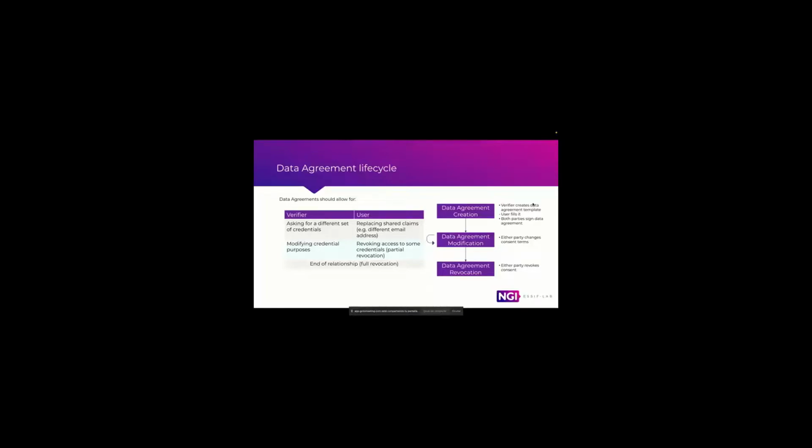If the verifier requests the data in order to provide some digital service, the user may be able to replace credentials or revoke access to some of them, or the verifier may request new credentials, forget about some of the old credentials, change purposes, and all the use cases you might consider in that kind of situation.